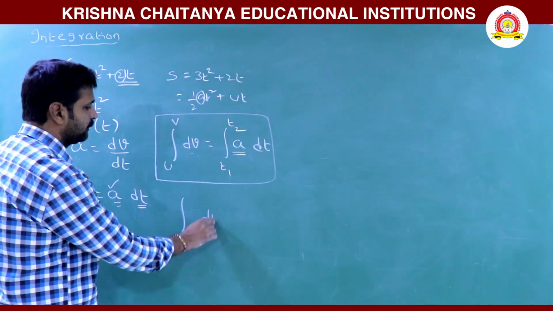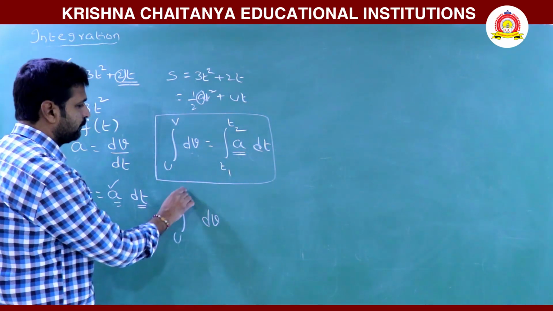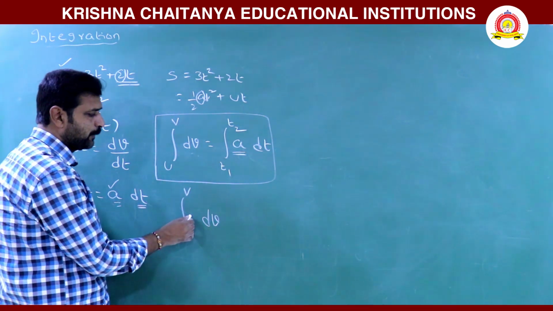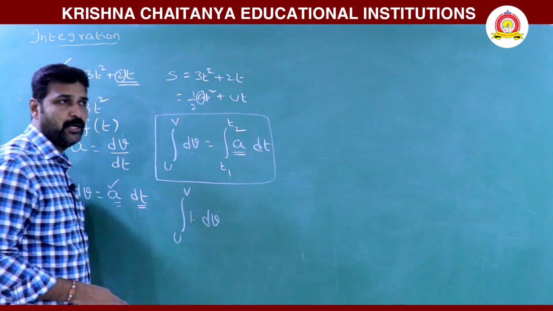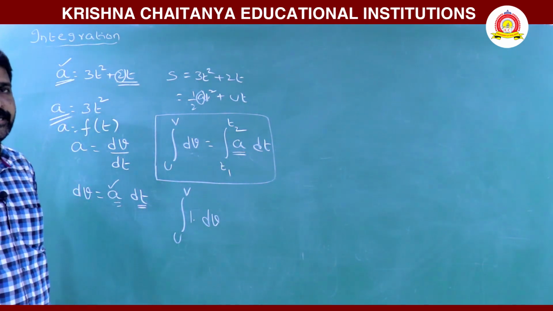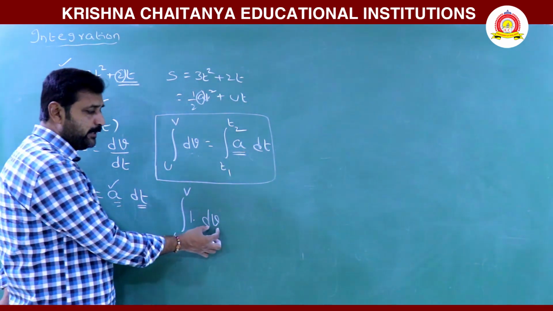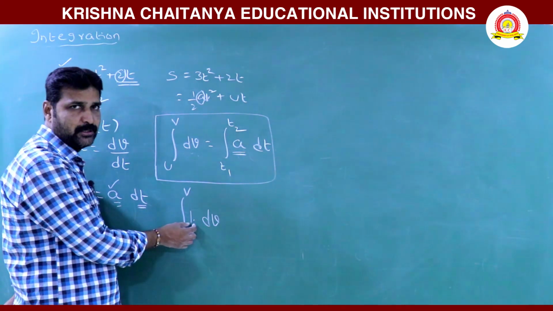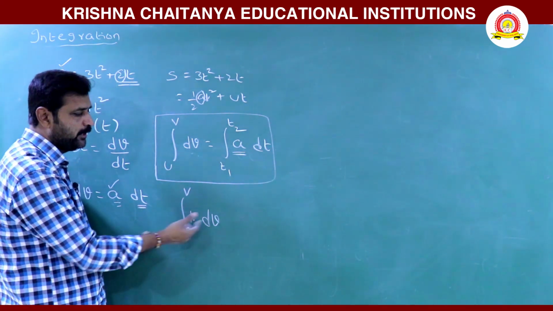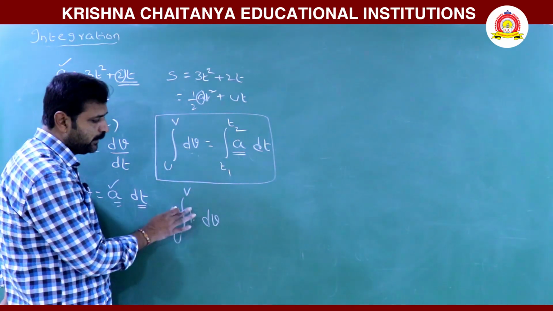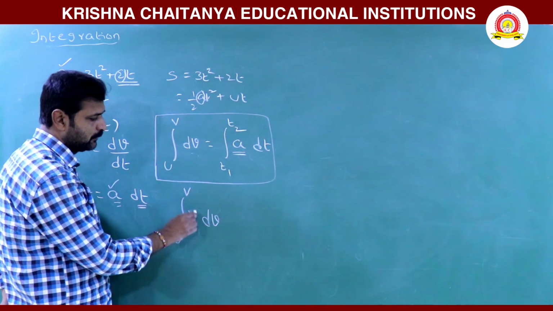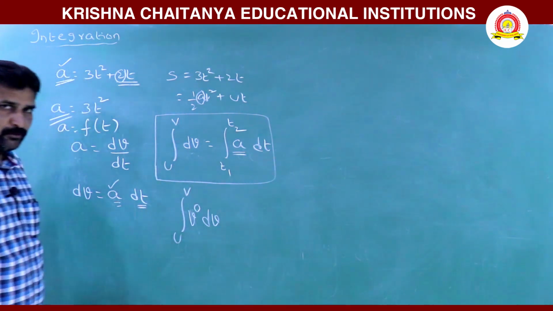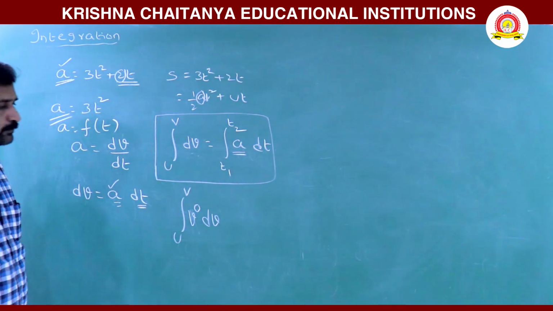Integral dv from u to v, here you have 1 into dv. Generally we have to write x power n dx, since dv is there, but here v power n is not given. So, we can take this one as 1 into dv, where 1 can be written as v power 0.